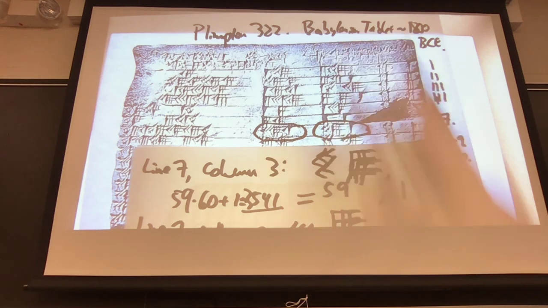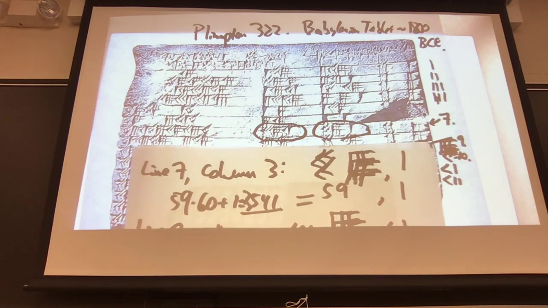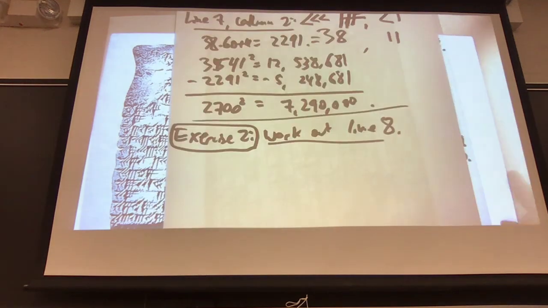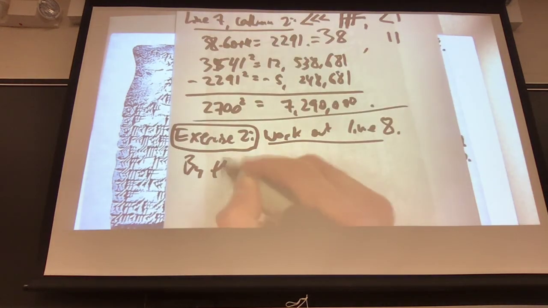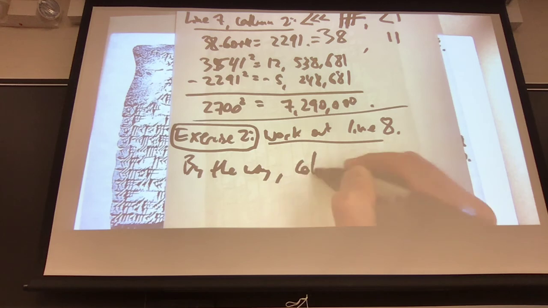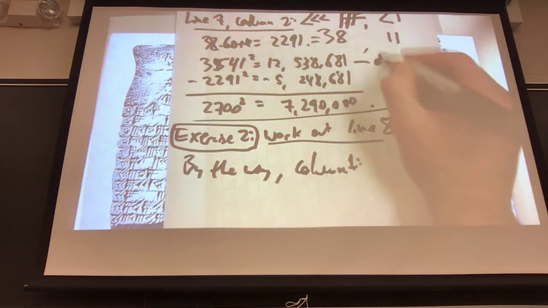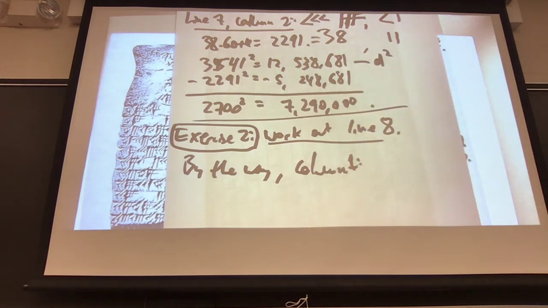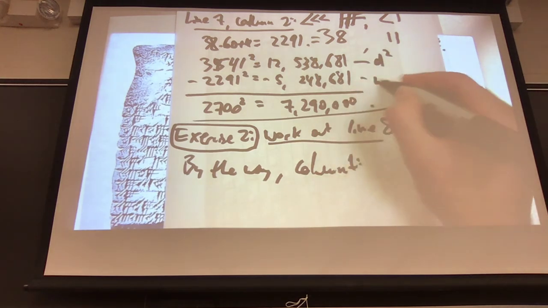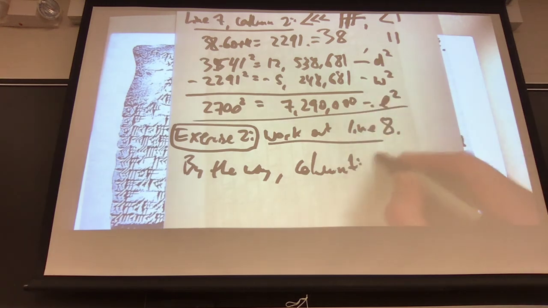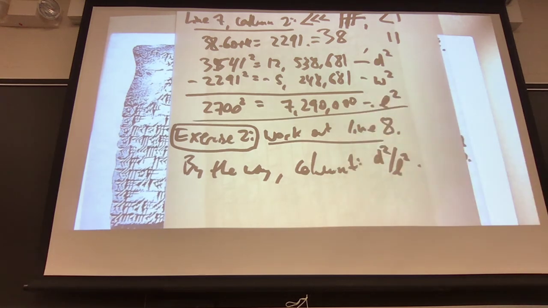That's the translation. And then column 1, by the way, column 1 is a ratio. If I call this number d squared, the diagonal squared, and width squared, which they called length squared, the column is diagonal squared over length squared, expanded out in sexagesimal.